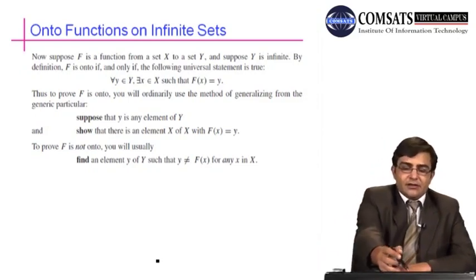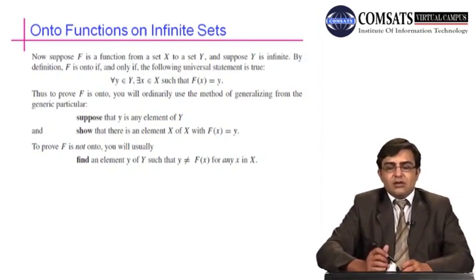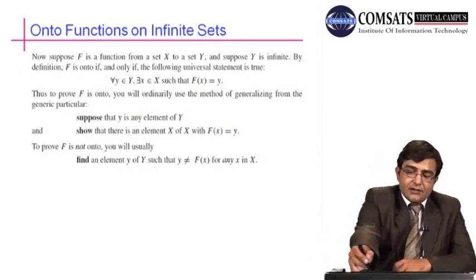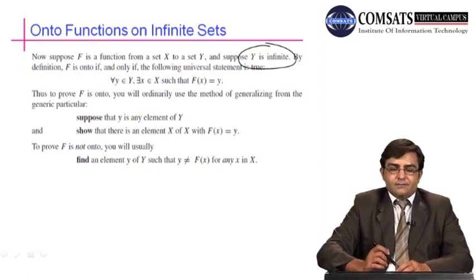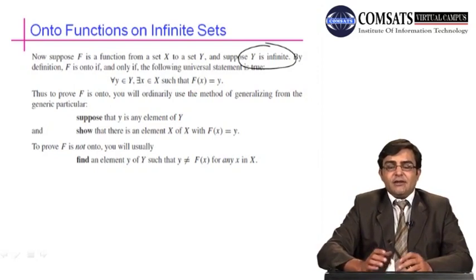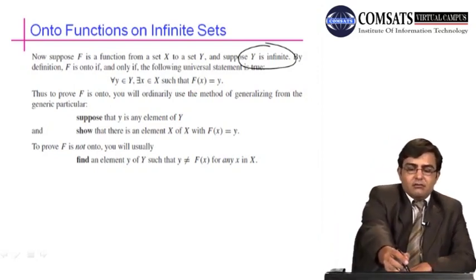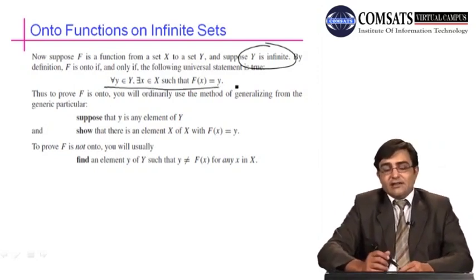Now suppose f is a function from X to Y, and suppose Y is infinite. Then how do we prove it is an onto function? By definition, f is onto if and only if the following universal statement is true. For all y belongs to Y, there exists some small x belongs to capital X such that f of x is equal to y.